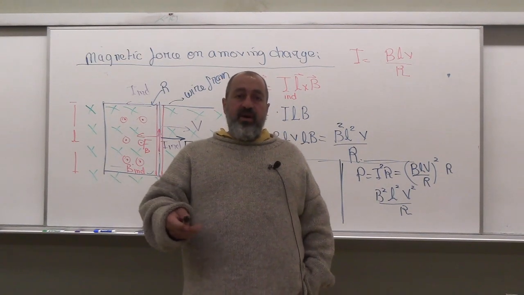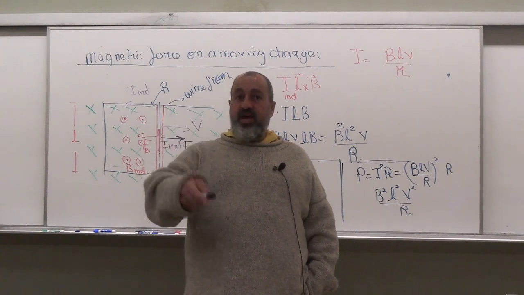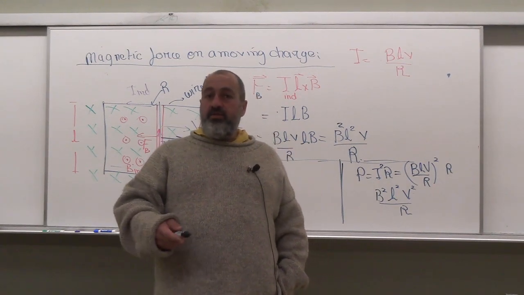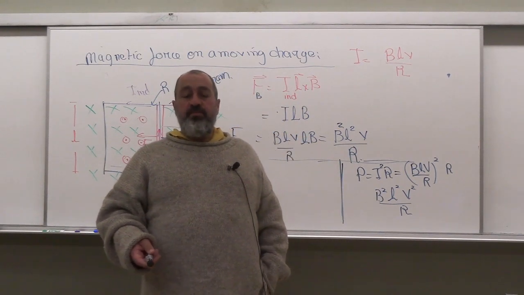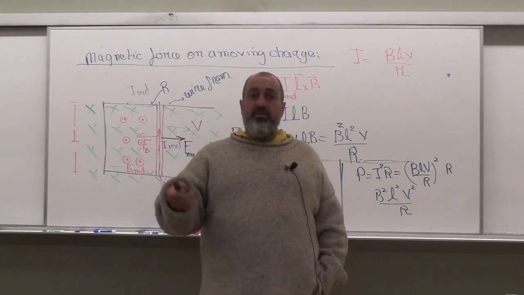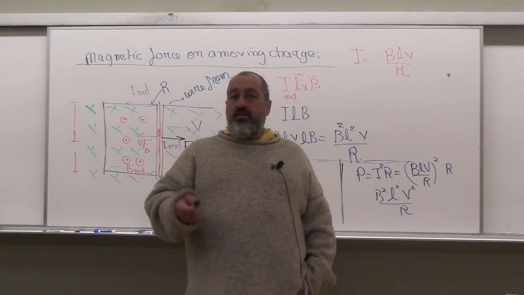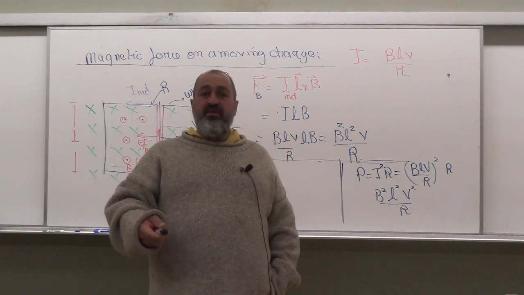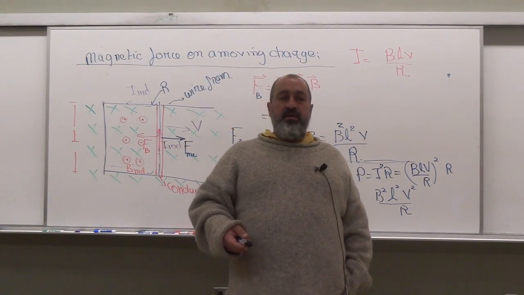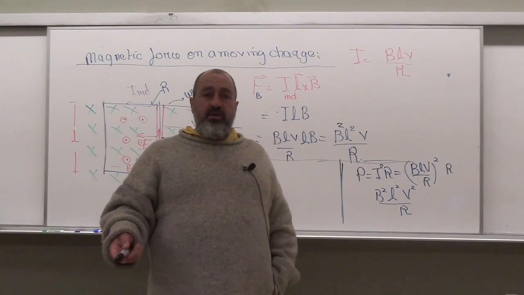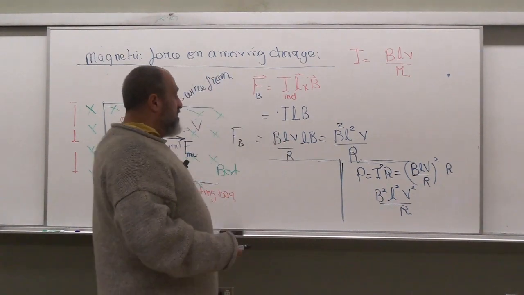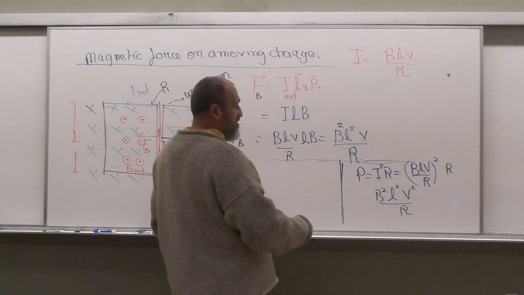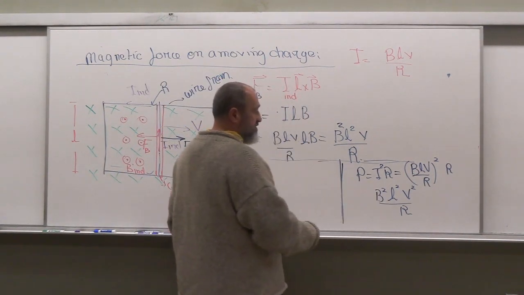So if you're relying on a waterfall, it's how much water is going through, what's the height, and so on. Wind, the strength of the wind; it depends on the source. If you're having a nuclear reactor, how much heat is being put out, and so on and so forth. So the power lost in the resistor is B squared L squared V squared over R.